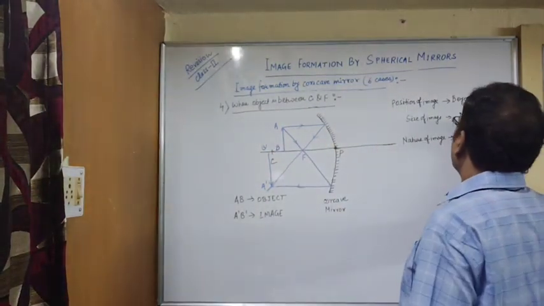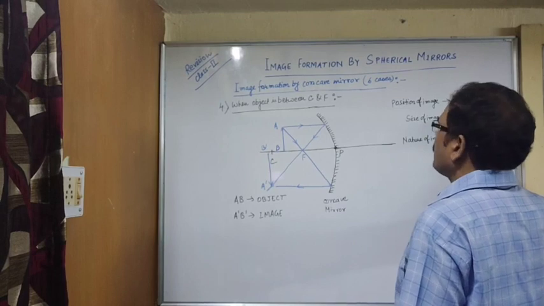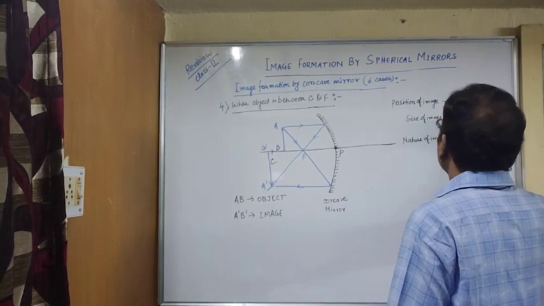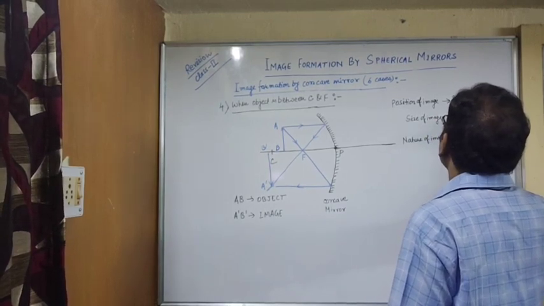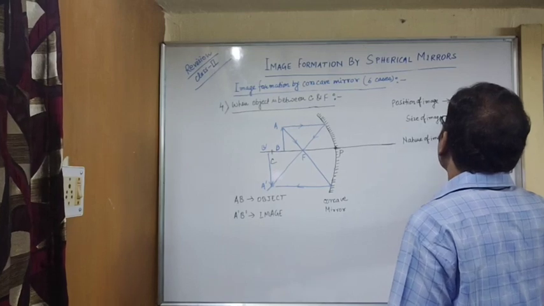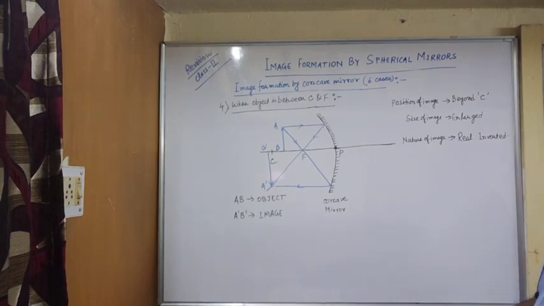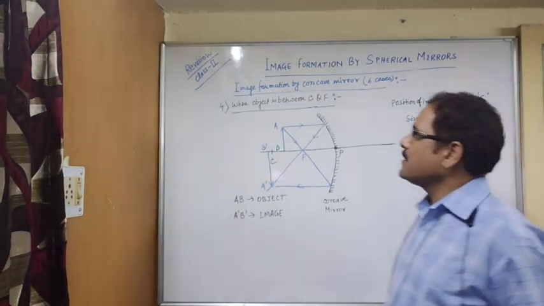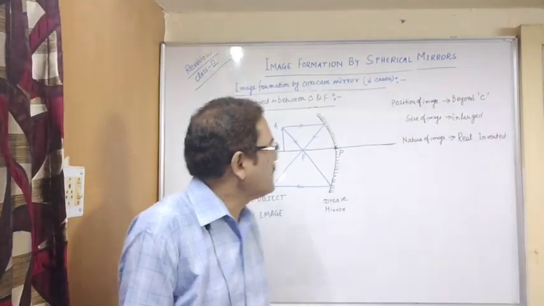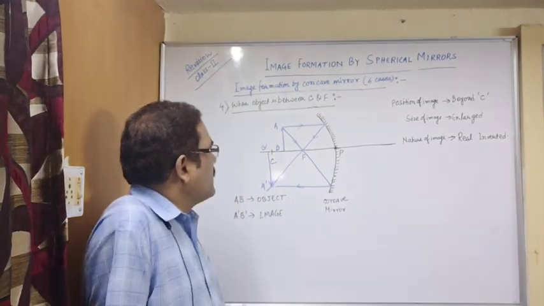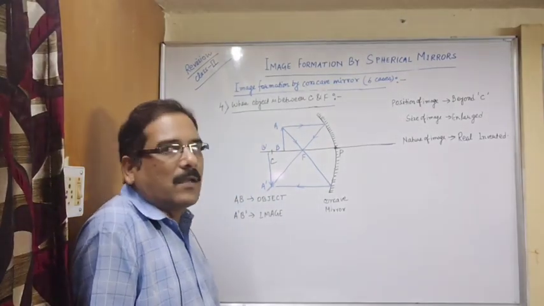So we can write one word for it, that it is enlarged. Or you can also write bigger than the object. So this is the fourth case when object is between center of curvature and principal focus.